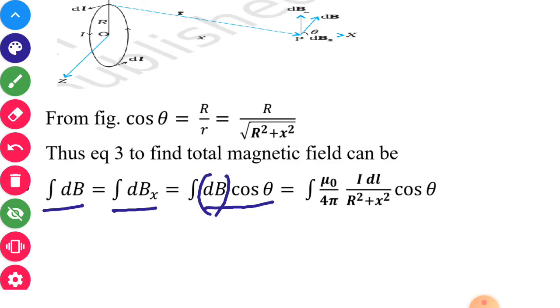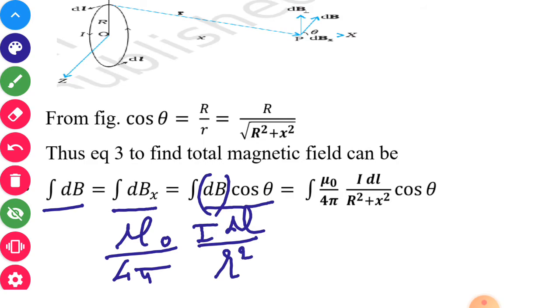Now dB we have is mu 0 I dl upon 4 pi r square, that you know, you must write down somewhere. When you are understanding this, go on writing in your notebook. Mu 0 upon 4 pi, it becomes I dl upon r square. Now instead of this r square, we have already written capital R square plus x square.